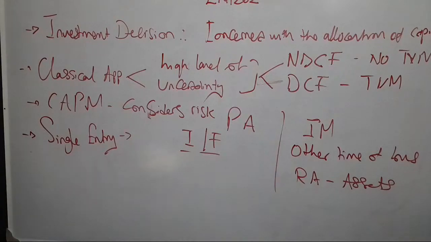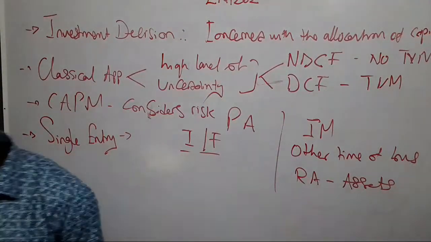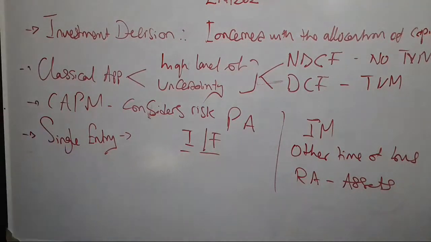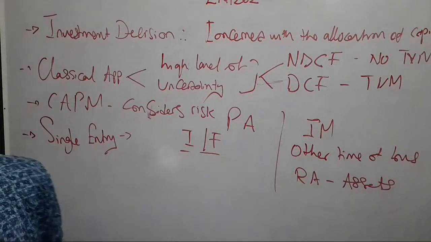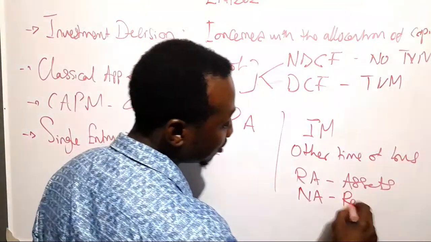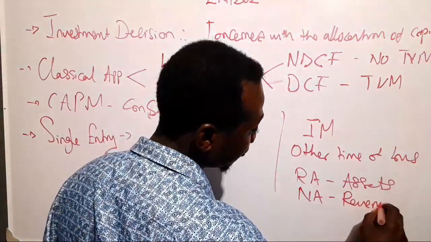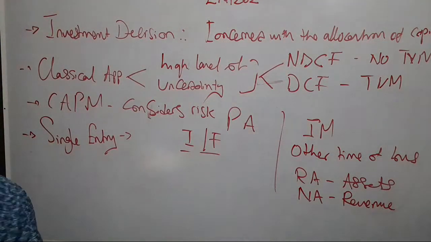And the nominal account is the category for revenue of a business, talking about wage, rent, salary.